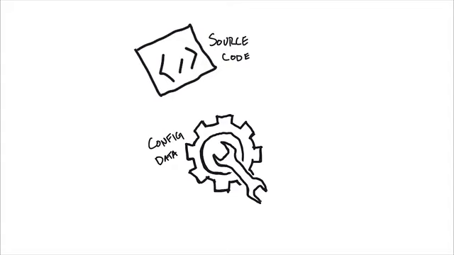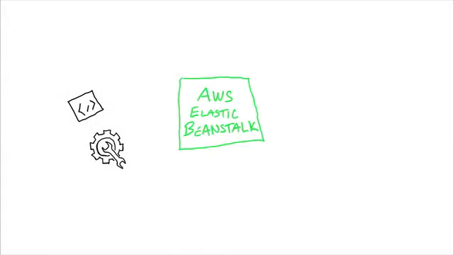As you see here, you have the source code that you've packaged, as well as all of the configuration data. This includes the data about the platform you need, the AWS resources you're going to run, and any of the other configurations you've made to the environment for your Elastic Beanstalk application. What happens when you tell Elastic Beanstalk to create your application is it's taking the package source and configuration data, processing through the information it has about what needs to be launched, and then starting the process of launching your environment.